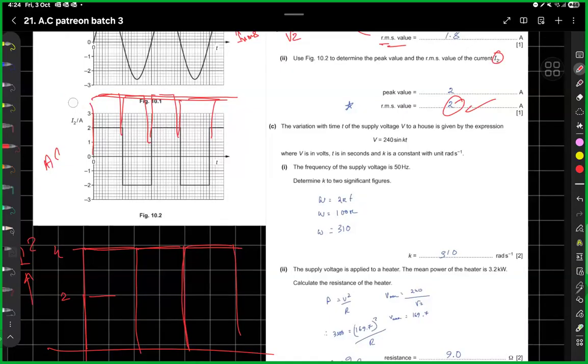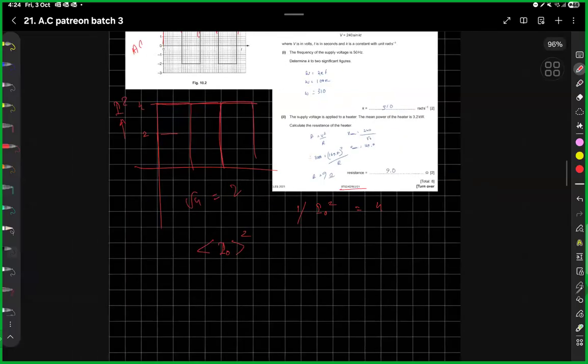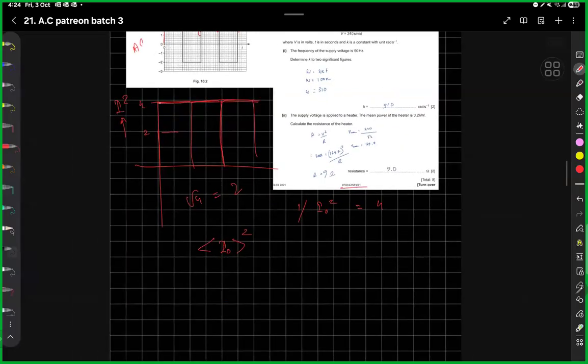So I'm saying I naught square value is 4. No, I'm not asking about the mean current. I'm asking about the mean square current. It is 4. So right now the max current square is always 4, so there is no concept of average.